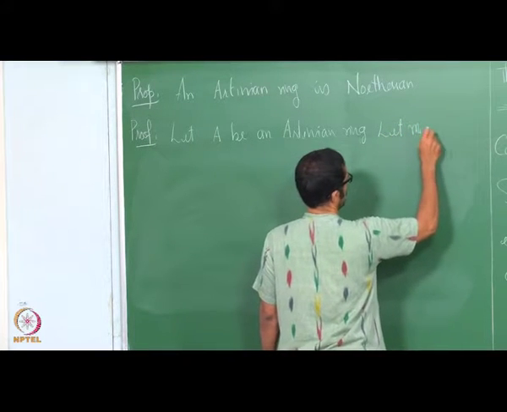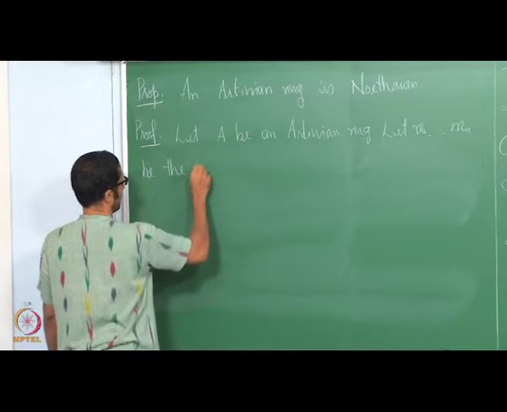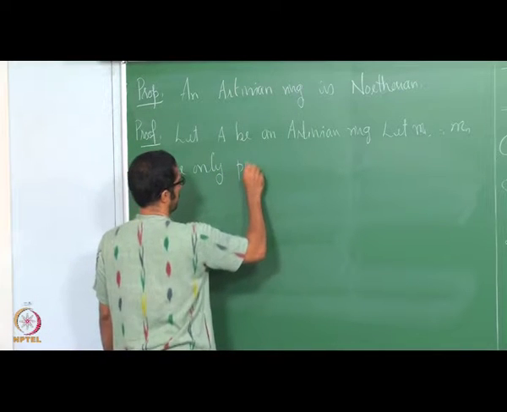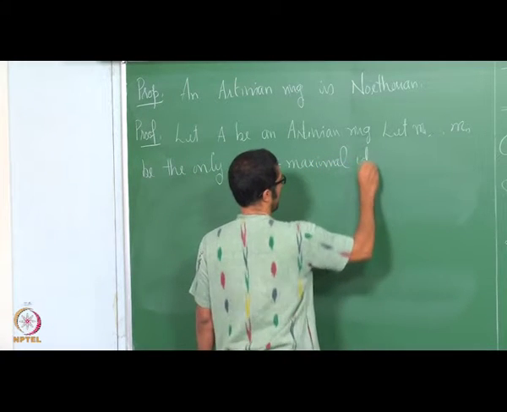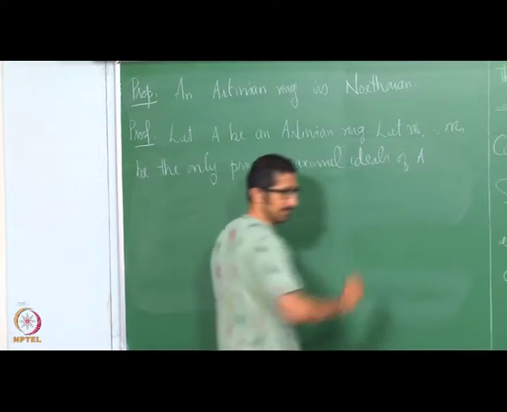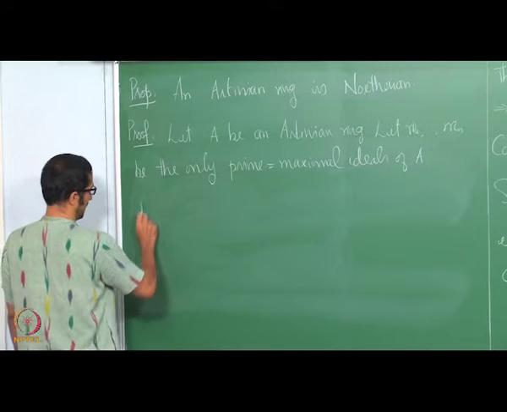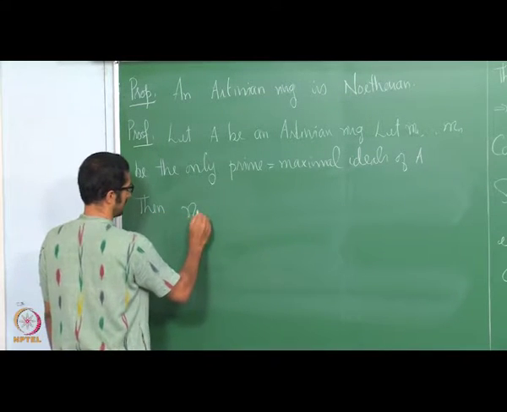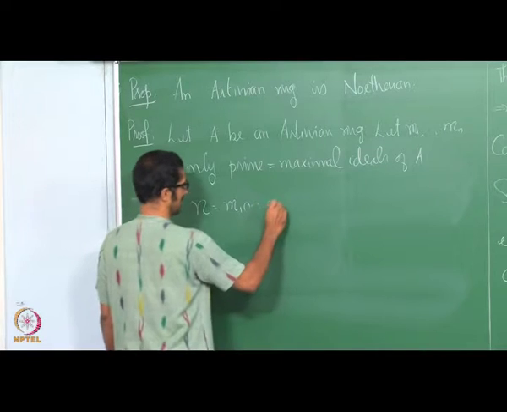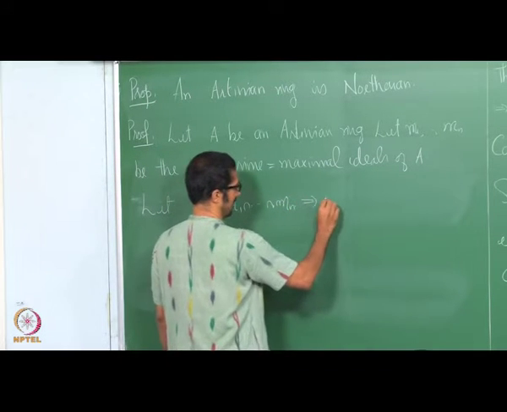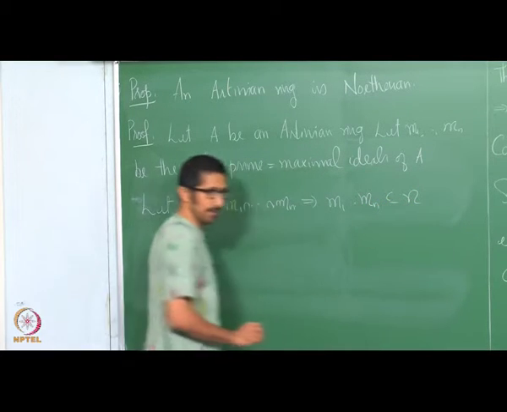Let M1 up to Mn be the only prime, equal to maximal, ideals of A. Then let N be equal to M1 intersection up to Mn. Then the product M1 up to Mn is contained in N.